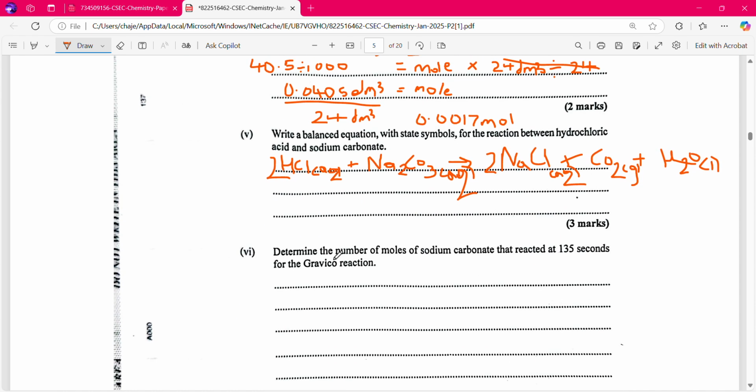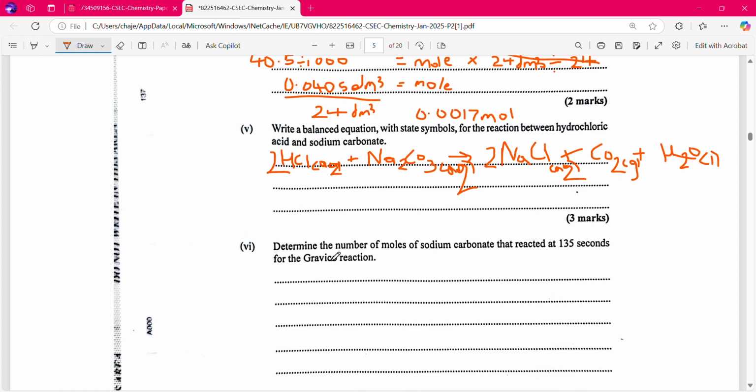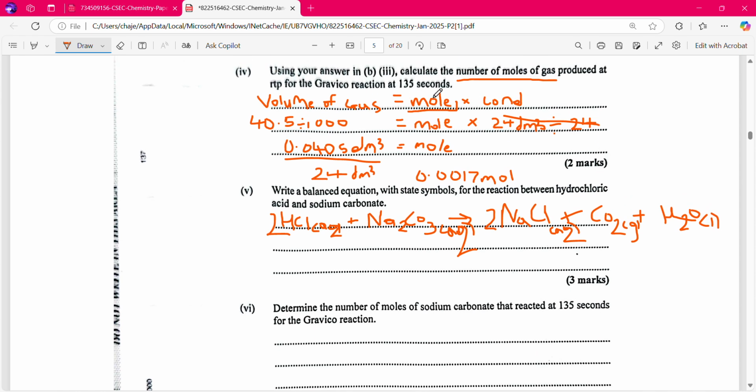So the next question says determine the number of moles of sodium carbonate that reacted at 135 seconds. I'm just going to give you a minute to think about it. How are you going to calculate the moles of sodium carbonate? Look at what you have so far. So you look at the mole ratio. Earlier I would have calculated the mole of the gas.